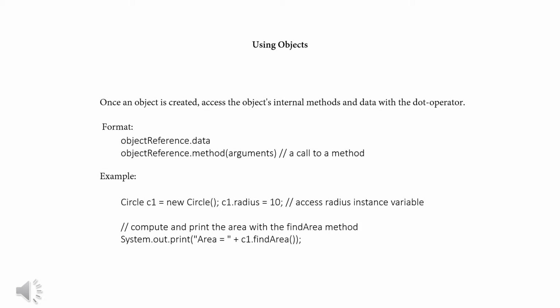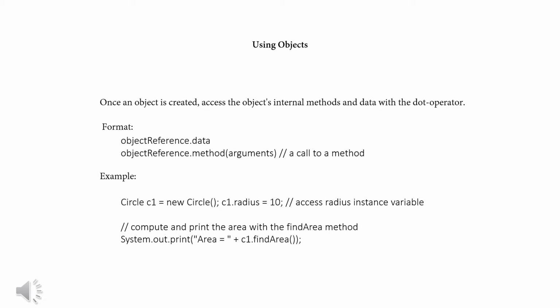Here I've shown you one example based on the class that we had in the previous slides. First, we create an object from this class: circle C1 equals new circle. So now C1 is a reference variable referring to this object, and this object is an object of the class circle, right? That class had several methods and a variable radius, right?